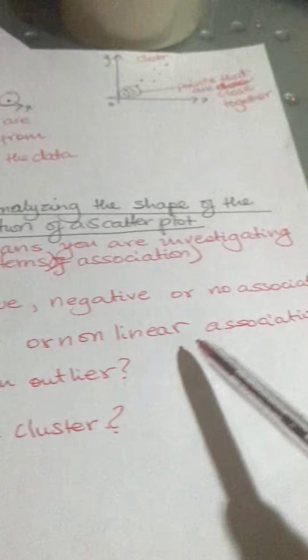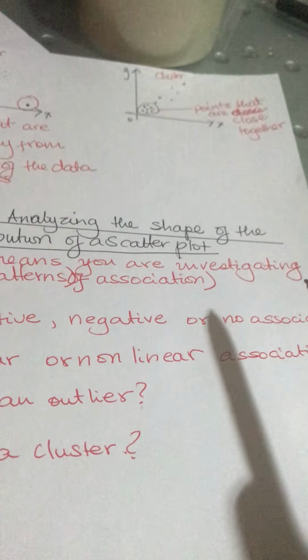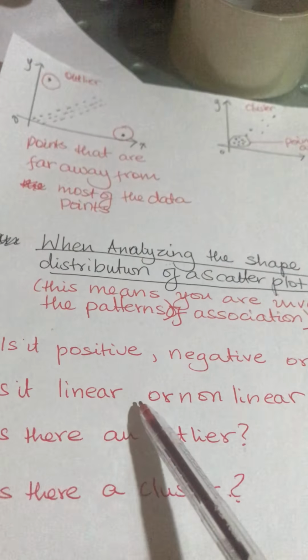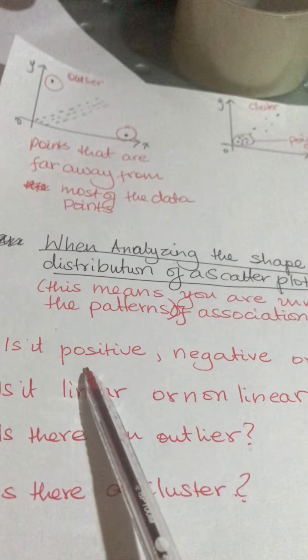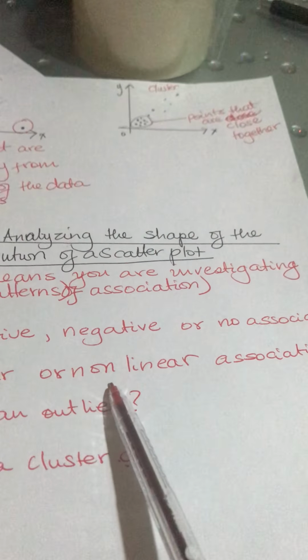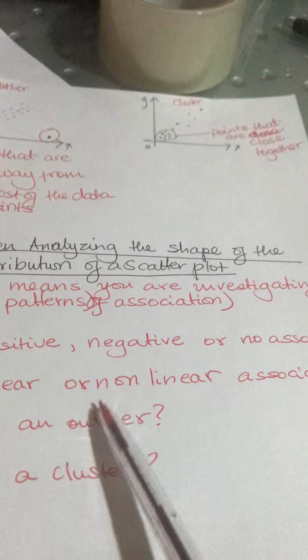Okay? Then you must tell me whether it is linear or non-linear. You have to use those points. So you have to say my points are lying close to a line when it is linear. My graph is a curve when it is non-linear. Okay?